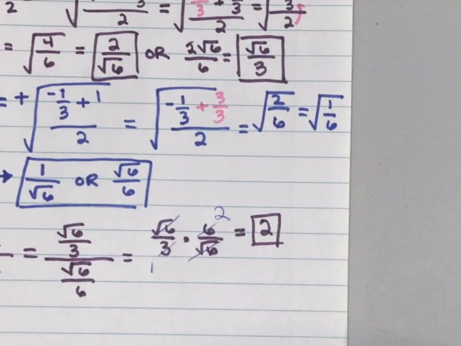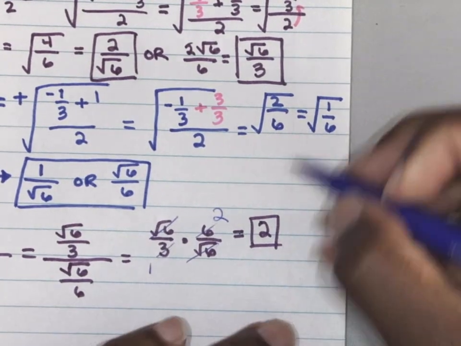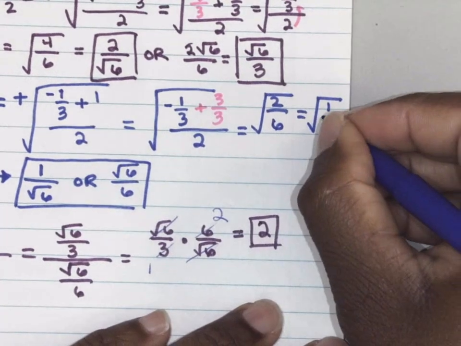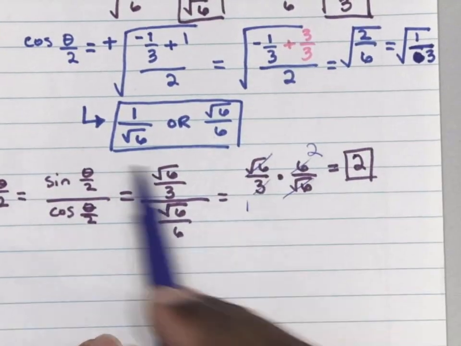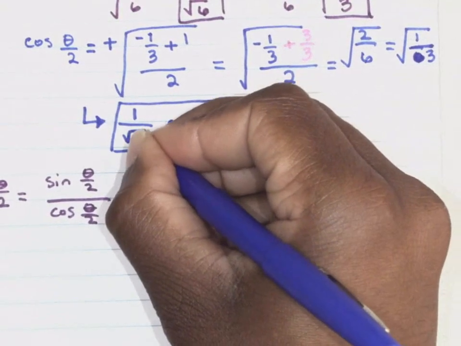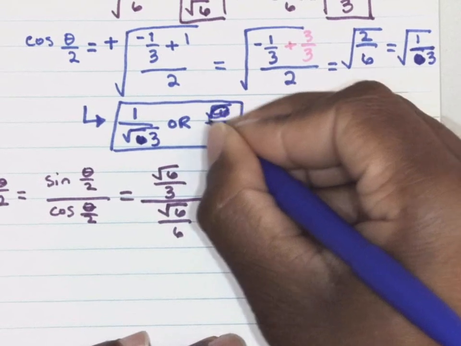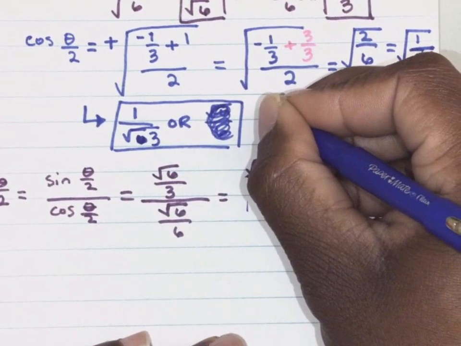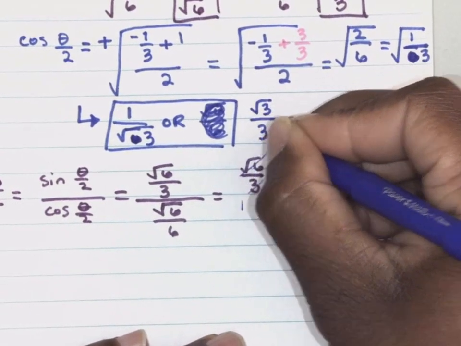Oh, I just caught a mistake, guys. So down here, this should be 3 because we reduced both of these by 3. So when I get here, this will be the square root of 3, and my answer should come out to be, if I rationalize it, root 3 over 3.